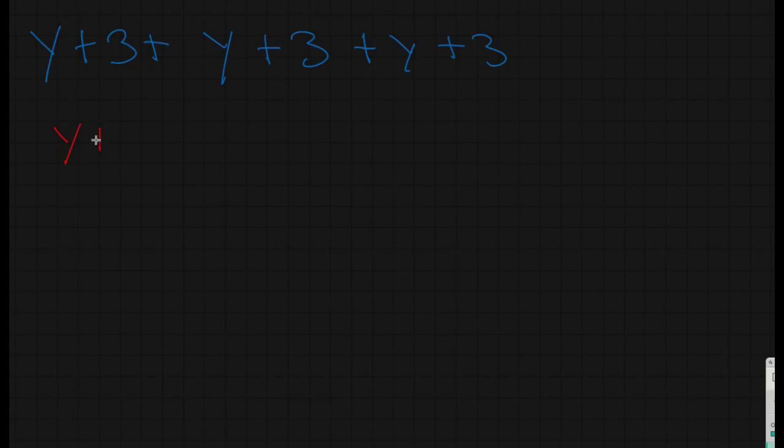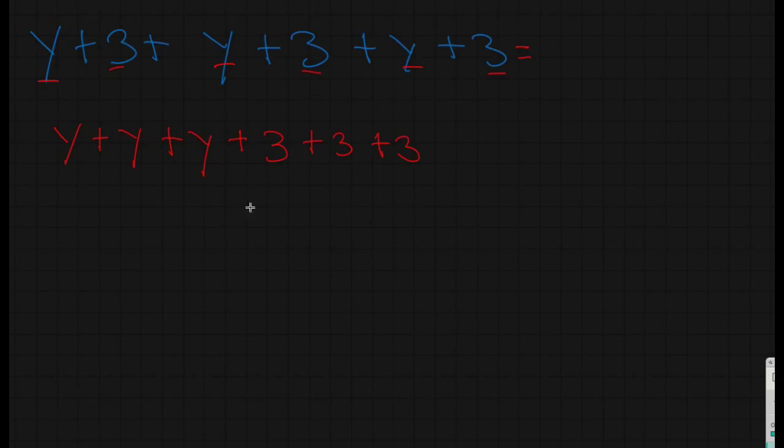Like I might write this as y plus y plus y, because there's actually 3 y's in this sum. Right here, this is the sum of 6 terms. And I could also add a 3 and a 3 and a 3, because there were 3 3's here. I just rearranged them using the commutative property.